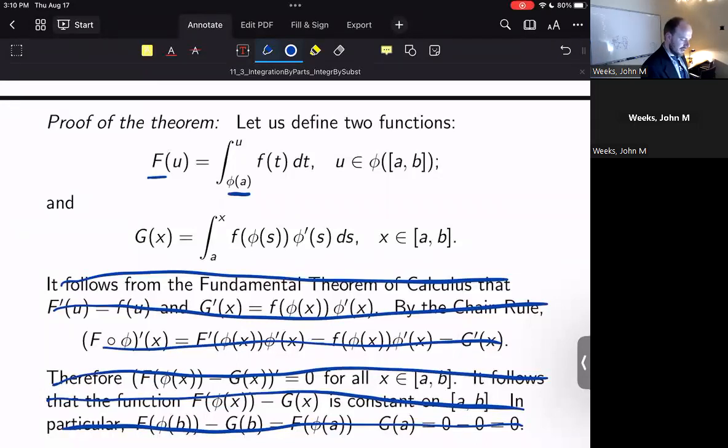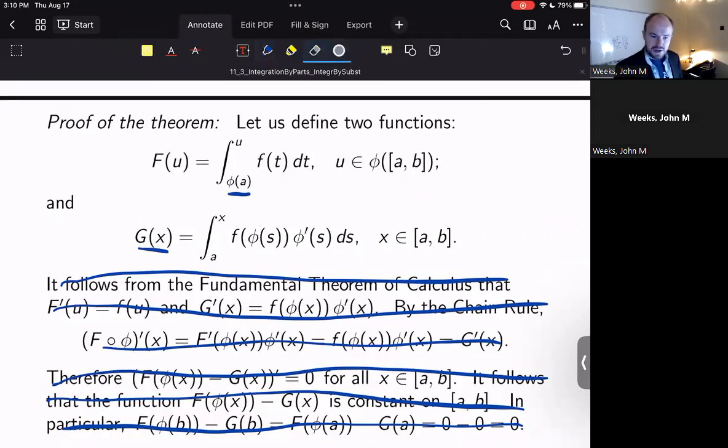So this is very much that antiderivative type function for definite integrals that we were given for the fundamental theorem of calculus. Then let's also define G of x to be a similar type of integral, this time using the base of a and going up, letting our variable be the top limit for this integral, this being the second integral given in our formula for the change of variables.